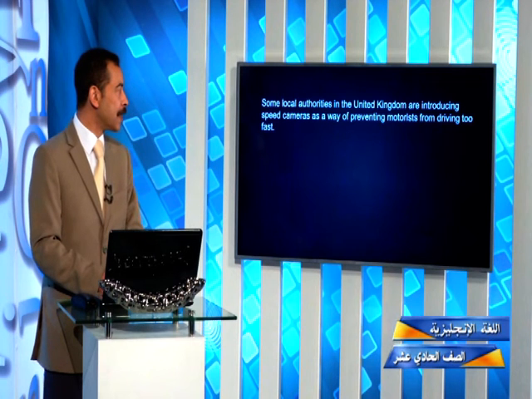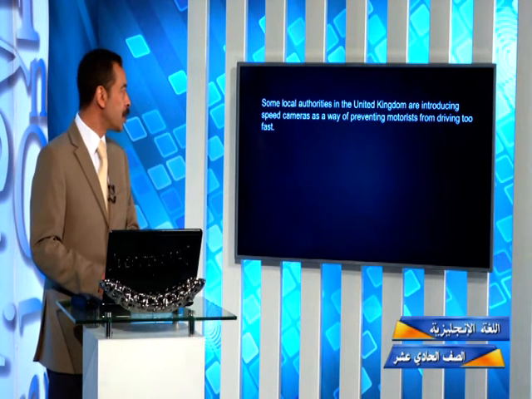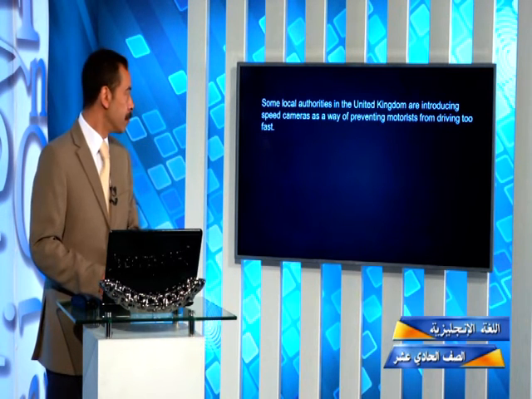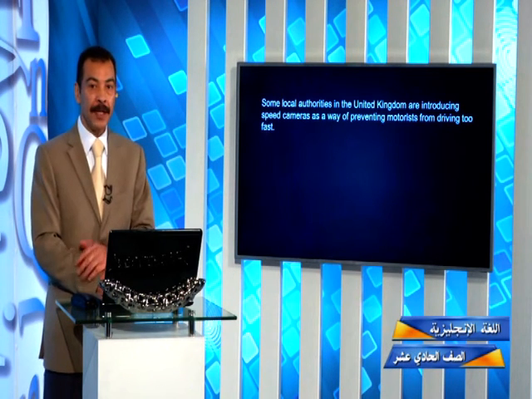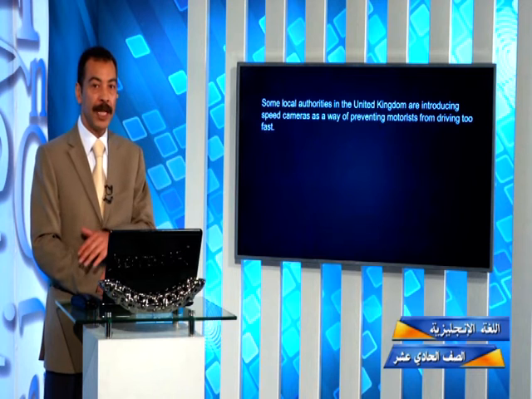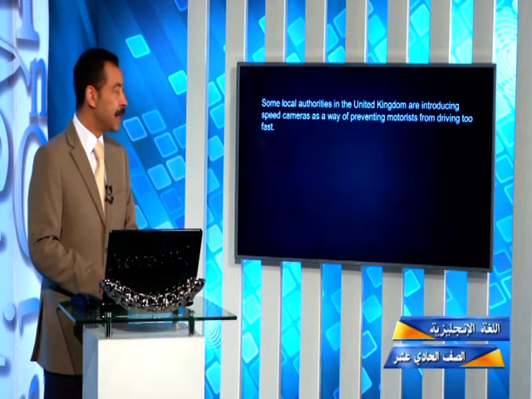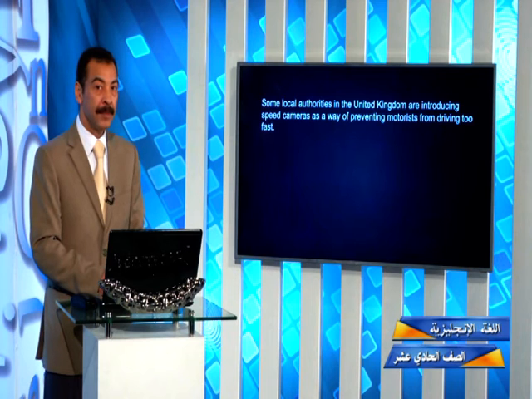Now it's your turn to do this example. Some local authorities in the United Kingdom are introducing speed cameras as a way of preventing motorists from driving too fast. Again, it's your task to identify the subject, verb, object, and then start with the object. I give you a few seconds. All right.